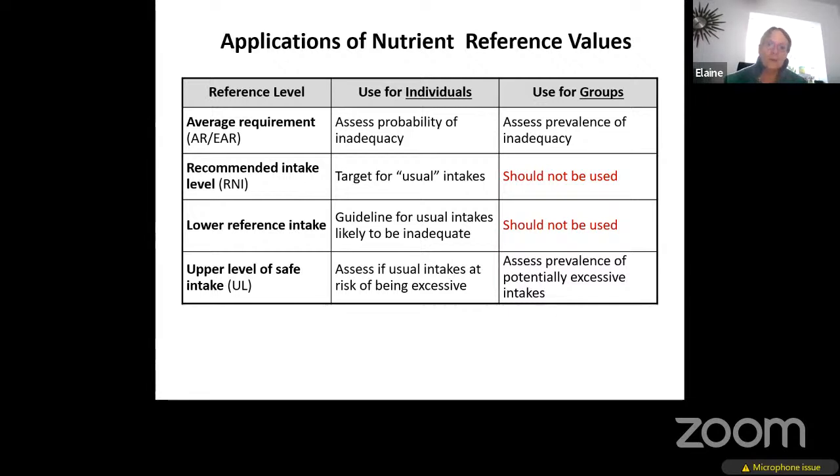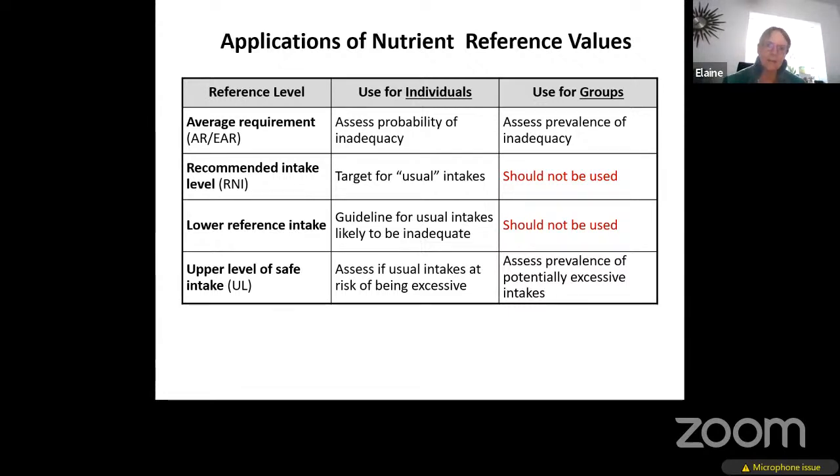We've got the lower reference nutrient intake level. That was the level that would only meet the needs of 2.5% of the population. For an individual, if they were consuming that amount, that definitely would not be enough because it's very, very likely inadequate. For population group levels, it should not be used.